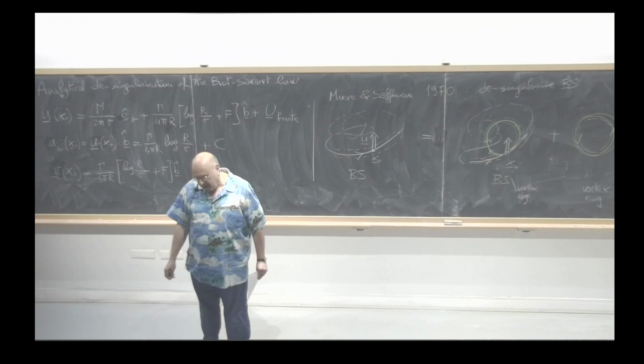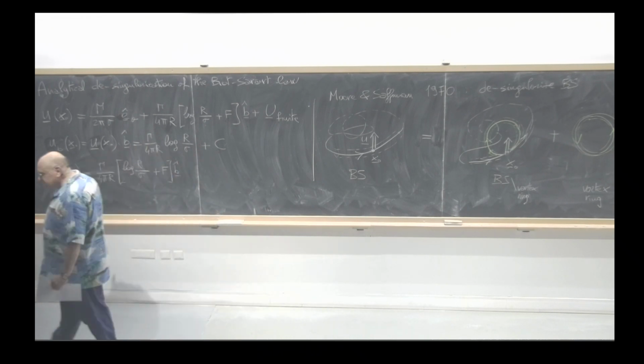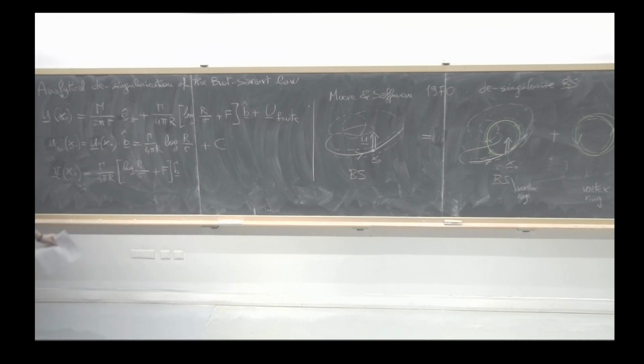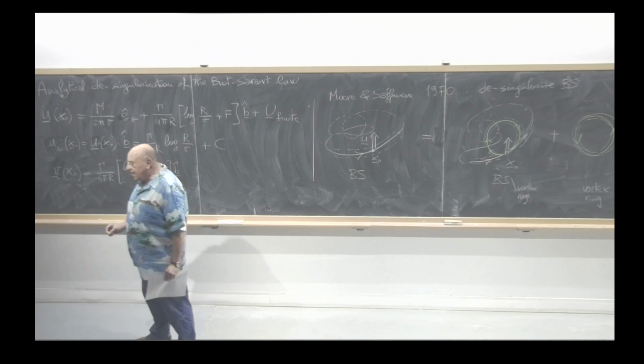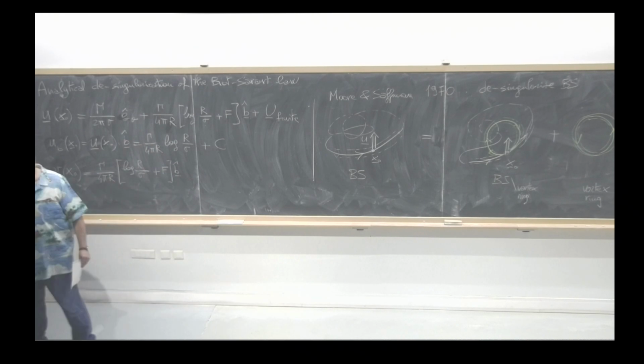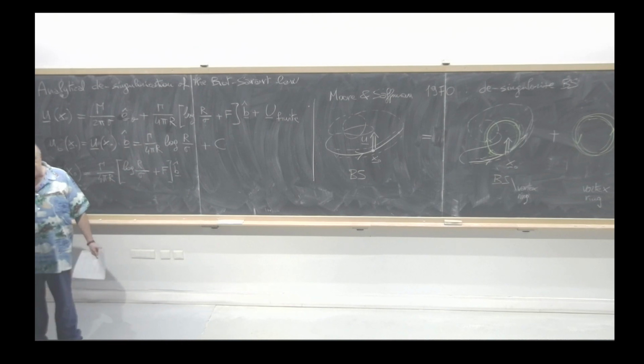And so I used this de-singularized technique at the time. It was one of the very few techniques available at the time, I can't remember now, not many, and I used it to prove the effect of torsion on the vortex dynamics, and that was unknown.